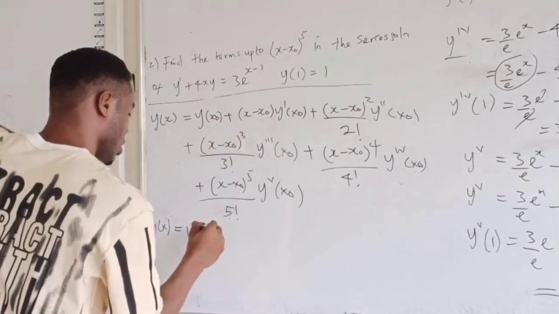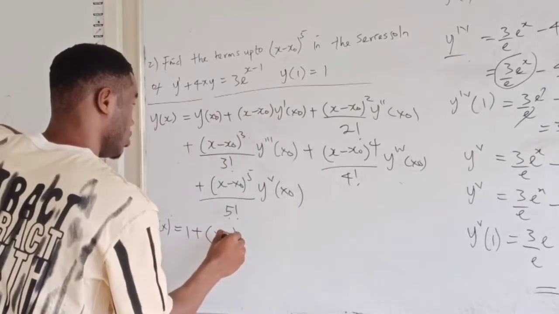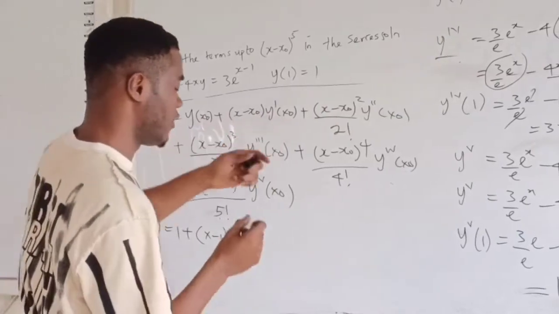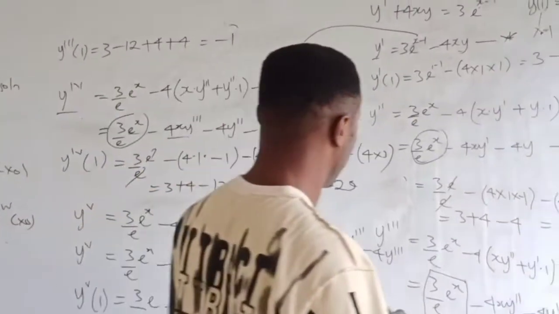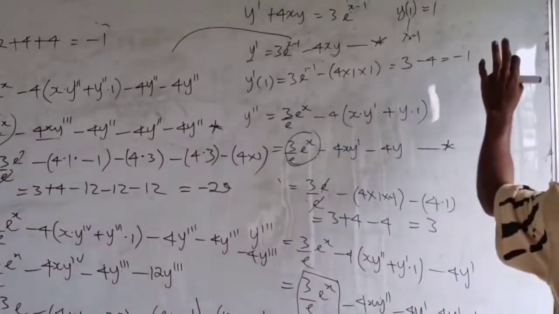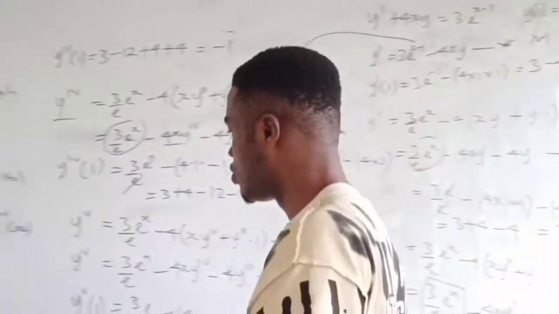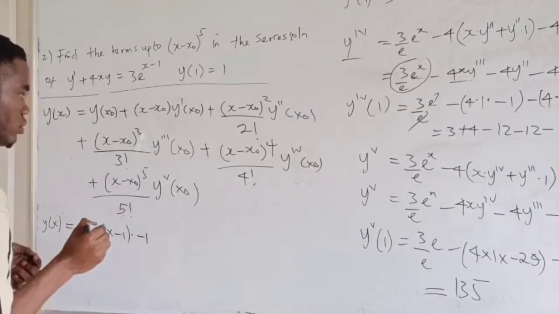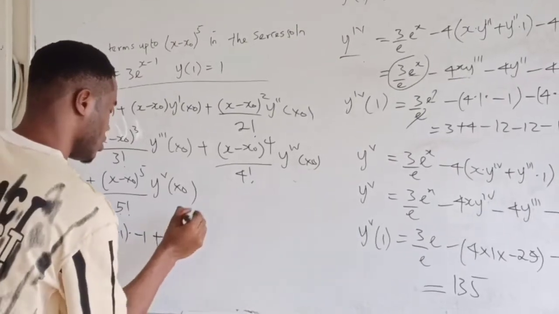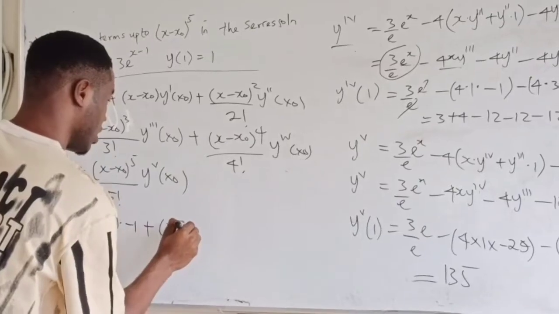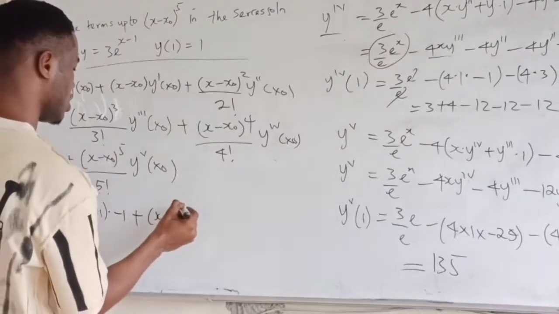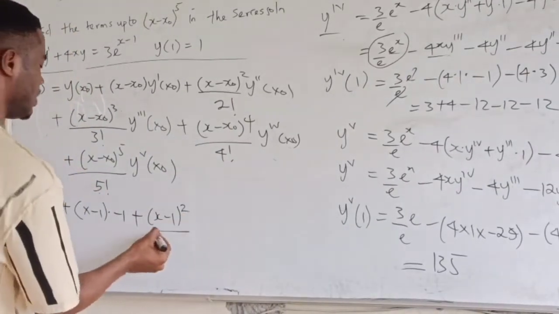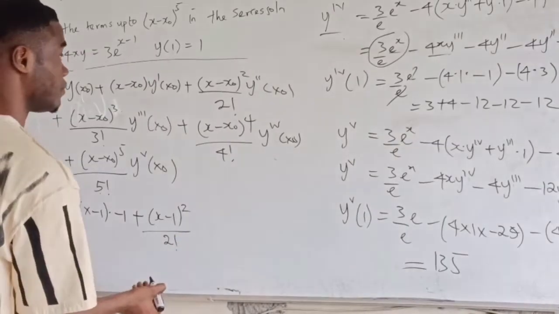X naught is 1, so x minus 1. What's our y prime of x naught? Our y prime of x naught was gotten to be negative 1. So we have negative 1 times (x minus 1) to the second power divided by 2 factorial.